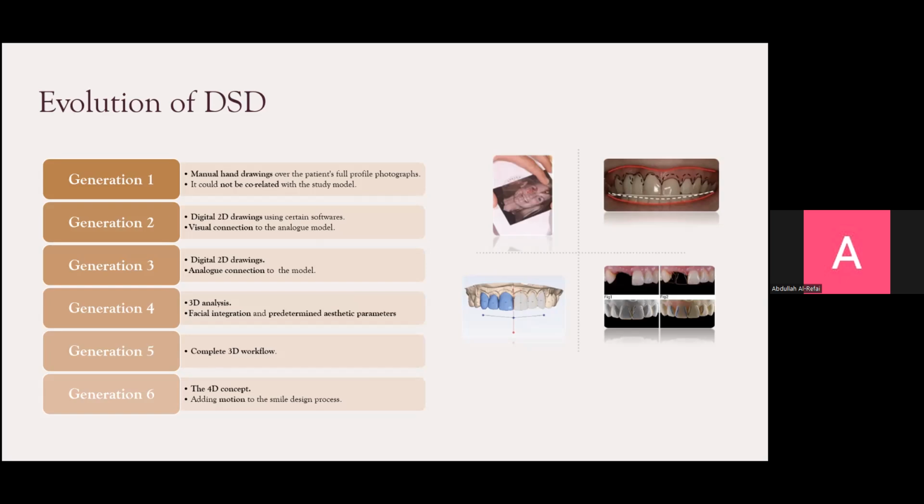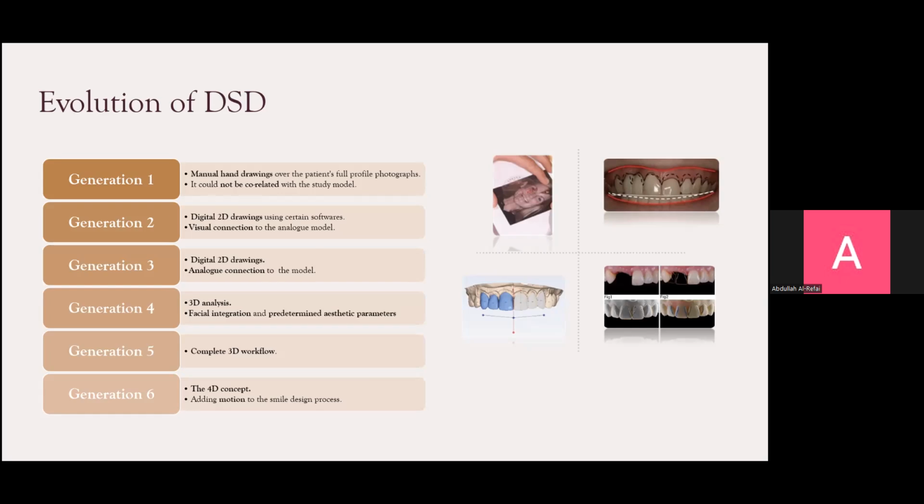The third generation includes the digital two-dimensional drawing with analog connection to the model. So this generation linked the two-dimensional smile design to a 3D wax mock-up, and this was an innovation in dentistry. The fourth generation progressed from two-dimensional to three-dimensional analysis involving facial integration and predetermined dental aesthetic parameters.